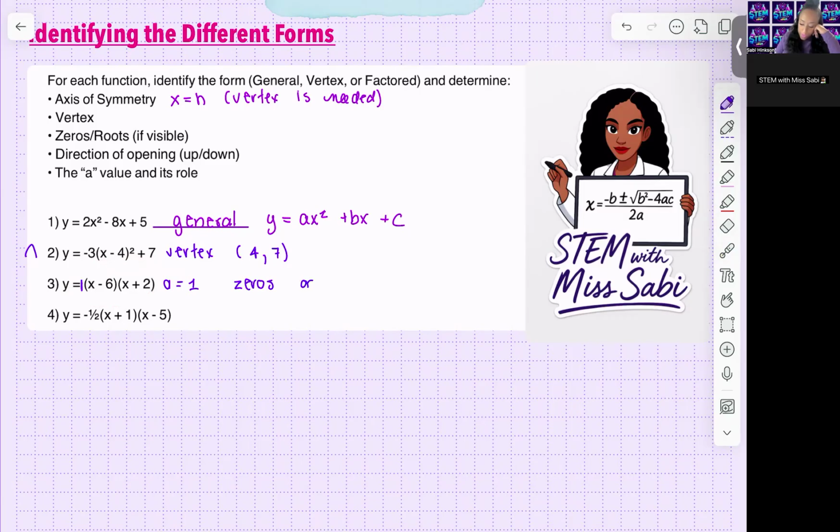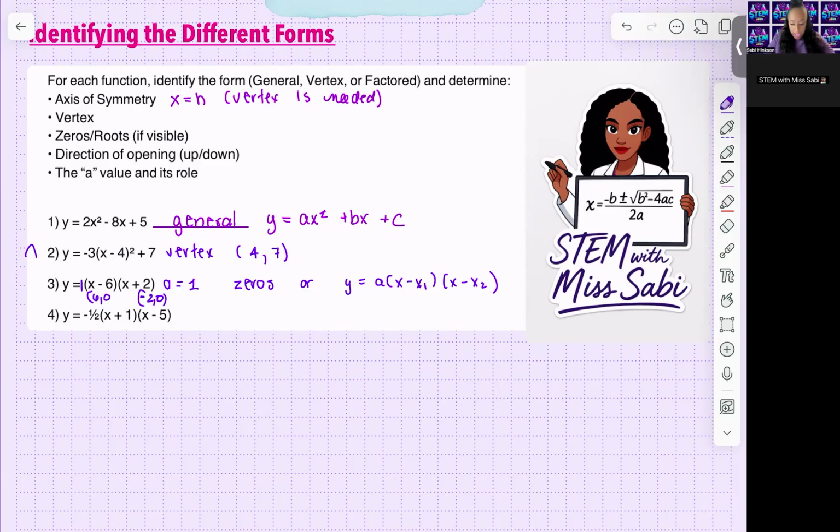If you remember, that is y equals a(x minus x1)(x minus x2), your first root and your second root. Because this is positive, this means that one zero is -2, and the other zero is +6. So we have (6, 0) as one of the zeros, and the other zero is (-2, 0).